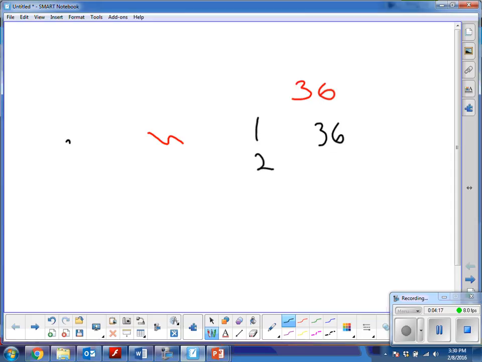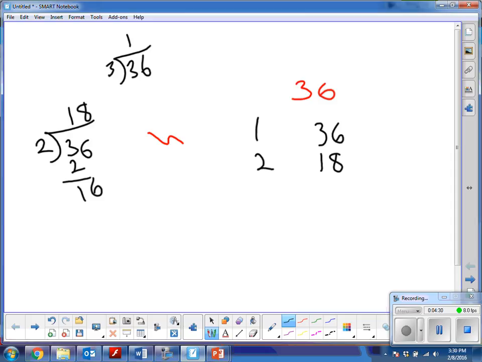Well, I can take 36 divided by 2. That gets me 18, so I can say 2 and 18. Well, what about 3? 36 divided by 3. I can say 3 and 12 are. What about 4? Well, I should know that 4 times 9 is 36.